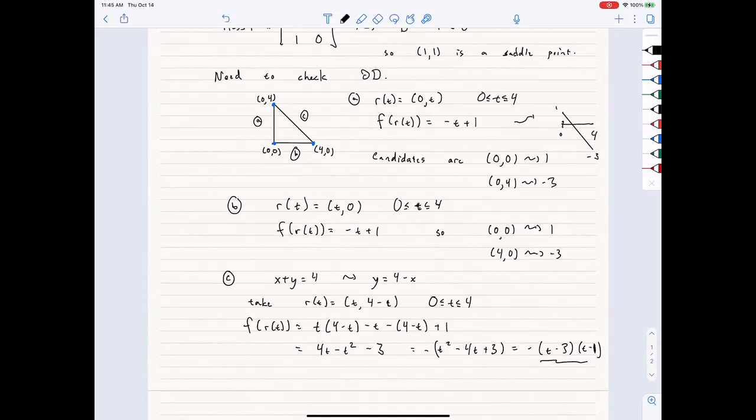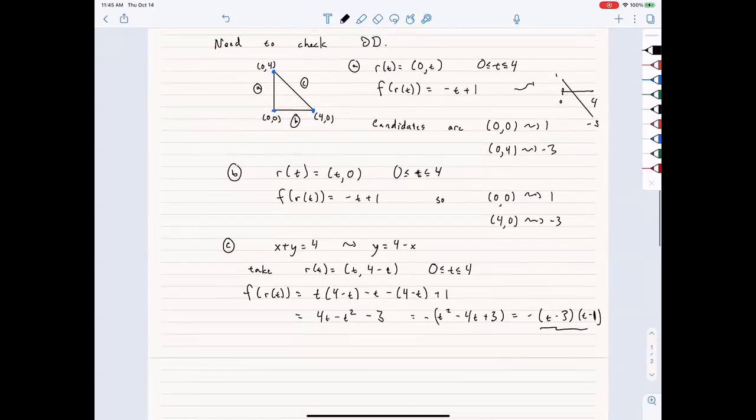So let's calculate the derivative of this, d dt of f of r of t. And I'll use this formula here. It's the easiest, it seems. I'll get 4 minus 2t. This is equal to 0. I want to find critical points here, so I'm going to set the derivative equal to 0.